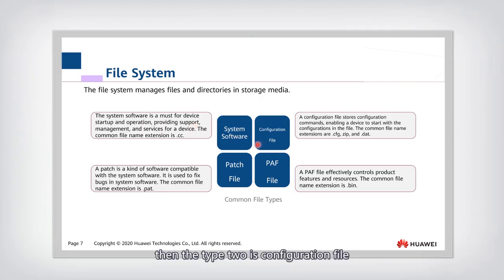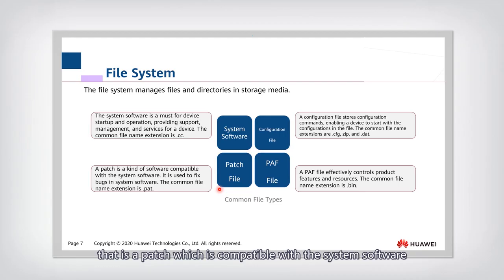Then type 2 is the configuration file. We need to configure the device to work in several different setups. So to store these different setups, we use the configuration file. And we also have the patch file. A patch file, you can think of as an upgrade or update of the software.